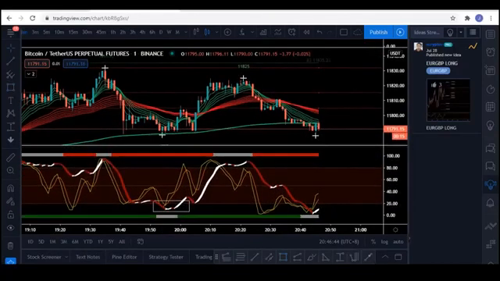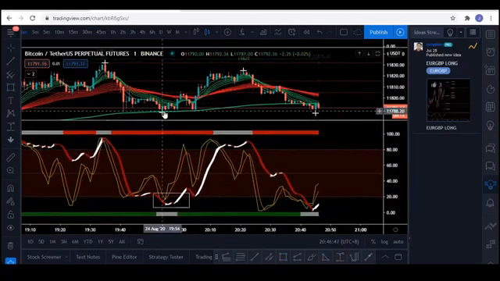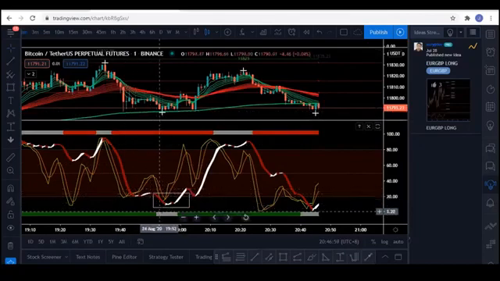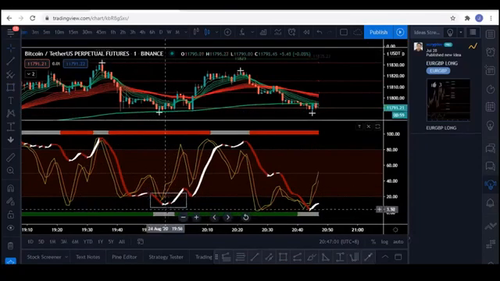You already see a cross, but what happened here? There is a repainting of the cross because the price is still moving down. So this is not a perfect entry to trade.